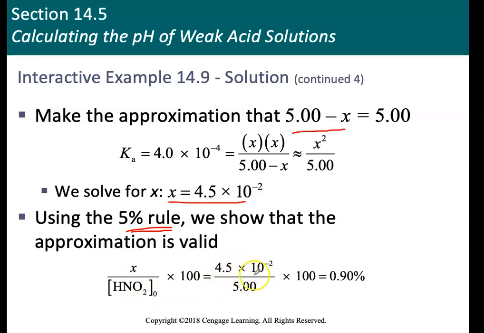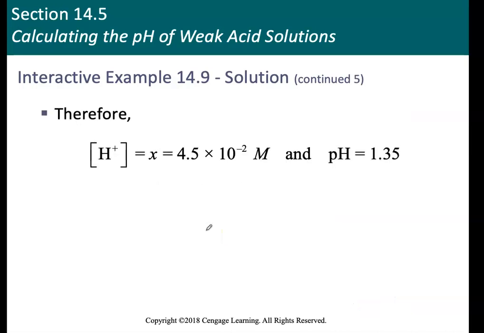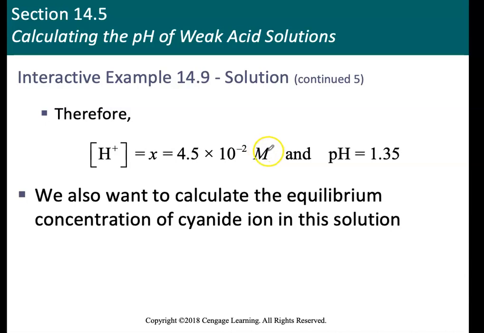So substitute the value of x. 0.9%, that's much less than 5%. So that's pretty good. So this is acceptable. So we can work out the pH value, and that's the pH.